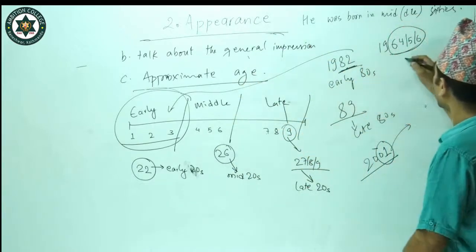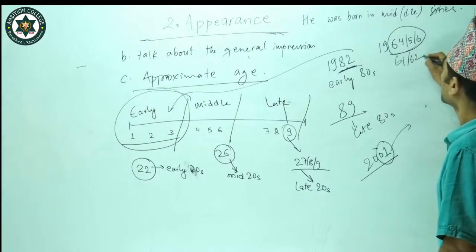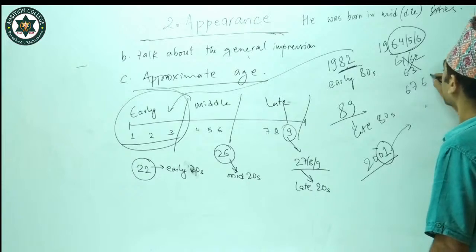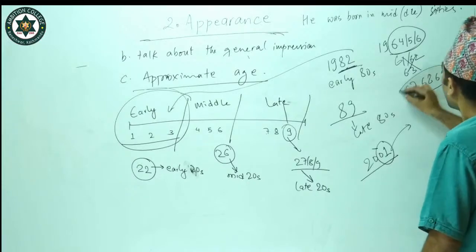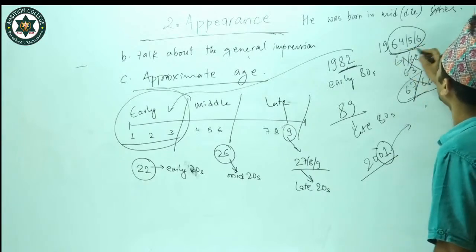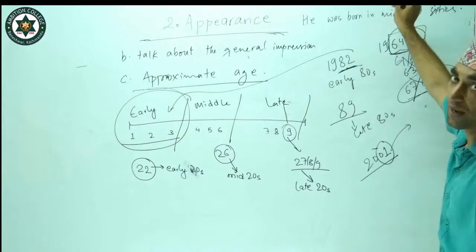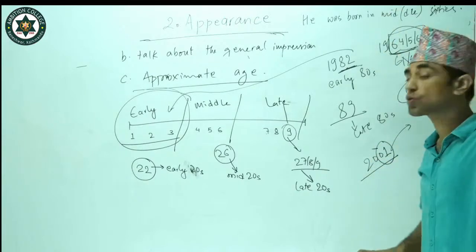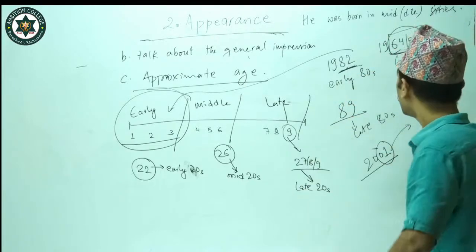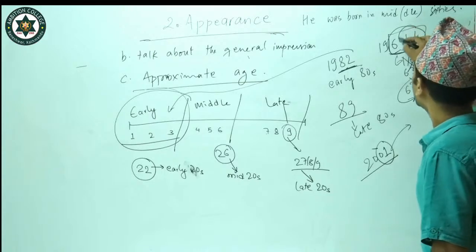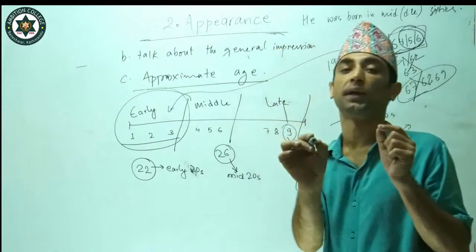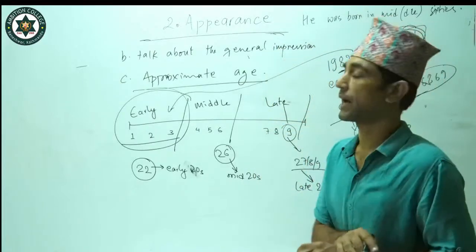He is not born in 61, 62 or 63, nor in 67, 68 or 69. It is only possible that he was born in 64, 65 or 66. So we are not reaching the particular point; rather, we are reaching the near point, but not the exact point.